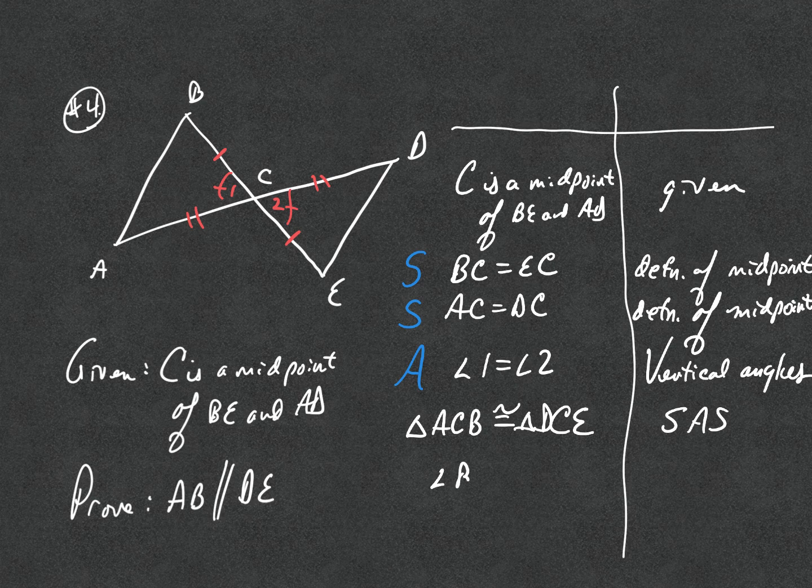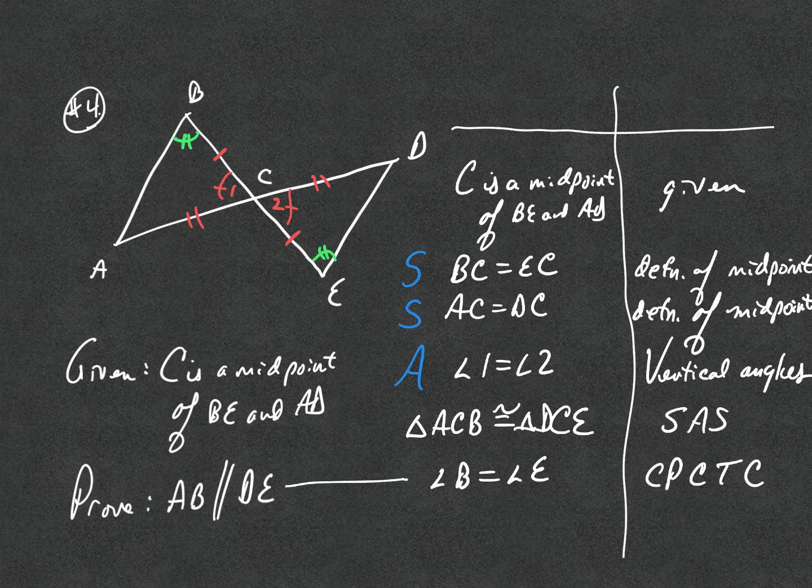I'm going to start by saying that angle B is equal to angle E, and I'll put a green tick mark there so it draws your eye to those two. So B and E are equal because corresponding parts of congruent triangles are congruent.